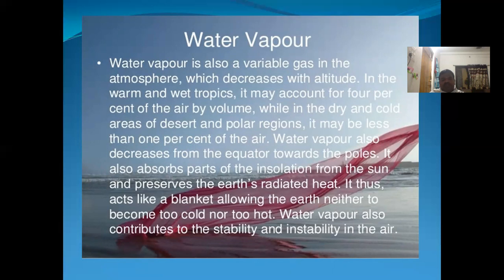Water vapor also decreases from the equator towards the pole. It also absorbs parts of the insolation from the sun and preserves the earth's radiated heat, and it thus acts like a blanket, allowing the earth neither to become too cold nor too hot. Water vapor also contributes to the stability and instability in the air.